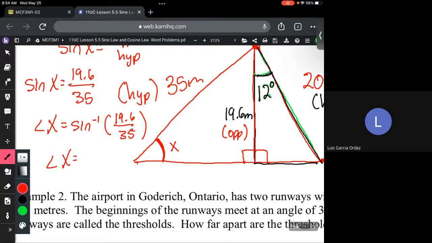So what would we get? Sine inverse of 19.6 over 35. 34. Yep, 34 degrees. Therefore, x is equal to 34 degrees. Is everyone okay with this?